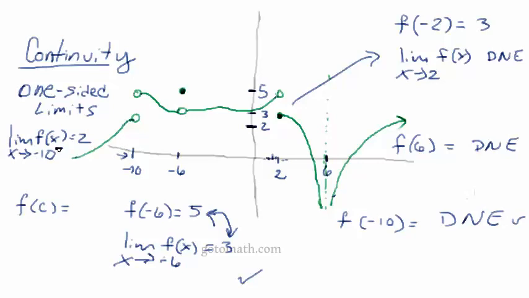So that's coming in from the left-hand side, and then coming in from the right-hand side, we'll say that's 5. I don't know, it doesn't look like it, but we'll say it is. So if we were coming in from the right-hand side of negative 10, we would say the limit as x approaches negative 10 of f of x, and we put a plus sign. We've been talking about one-sided limits, especially in the numerical section.